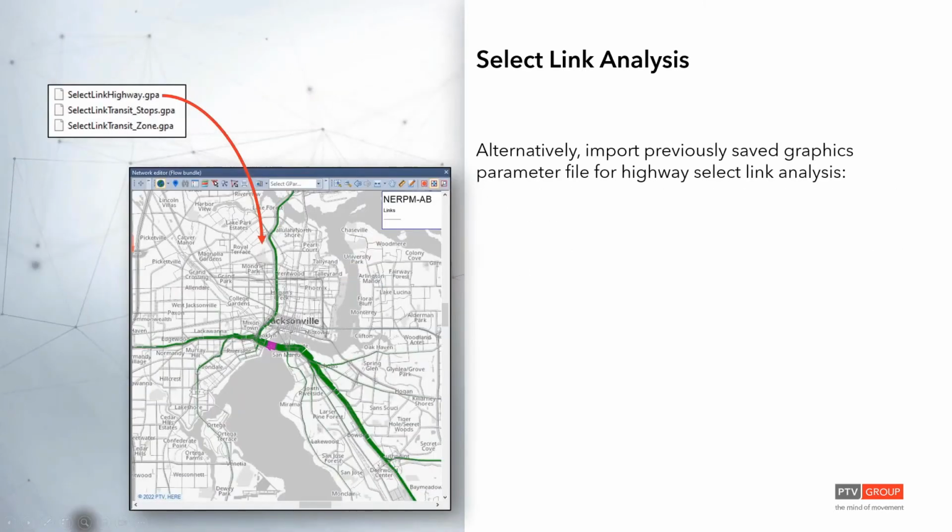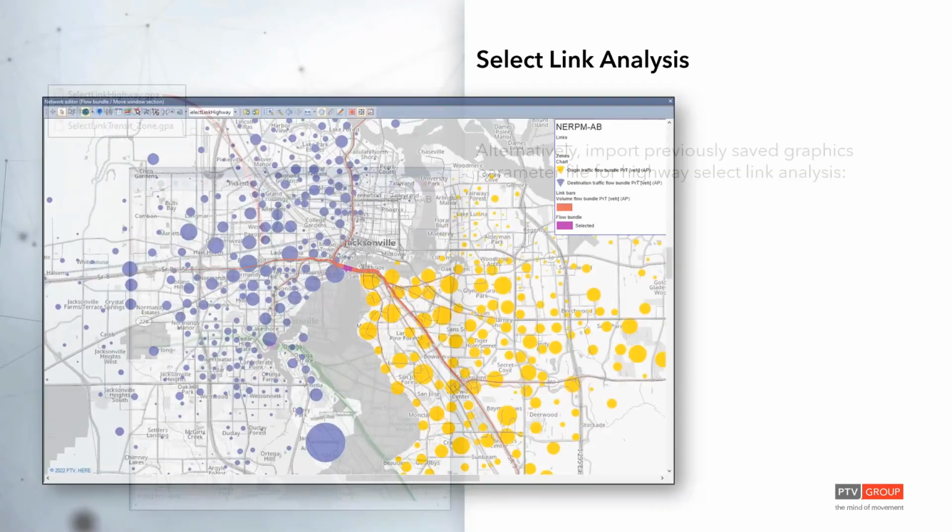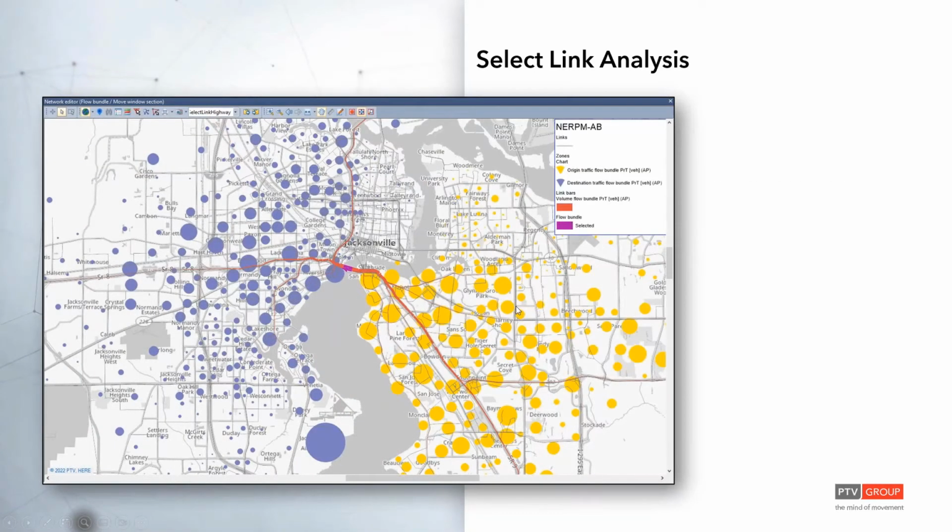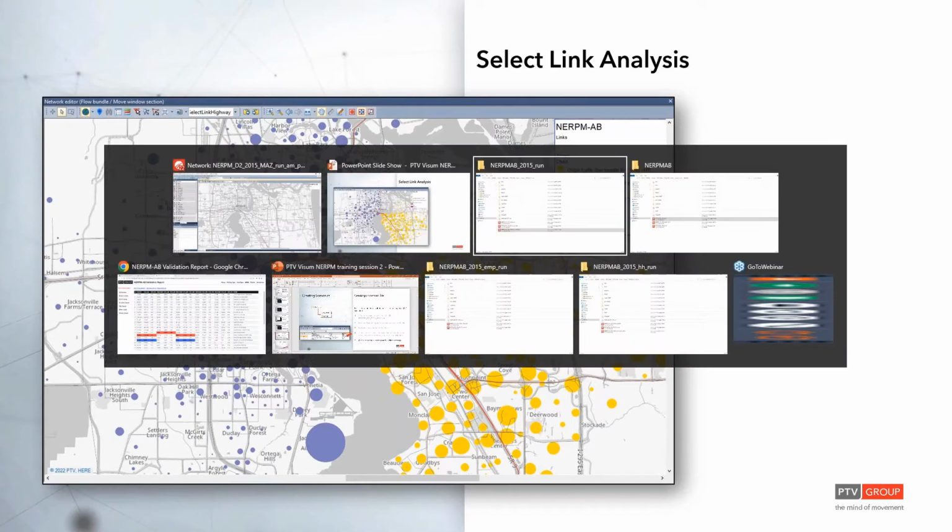If you do that at the zone level, you can create a nice chart like this, where for the select link analysis it also shows from which zone those trips are coming and where they are going to. So let's walk through these steps quickly in the version file that we just opened.